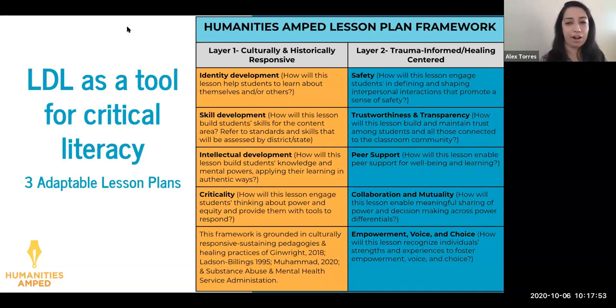So that's why our lesson plans and our curriculums focus on safety, trustworthiness and transparency, peer support, collaboration and mutuality, and empowerment, voice, and choice. Again, we don't think in terms of the sage on the stage, but more of a teacher who is there to help facilitate knowledge, and students already have knowledge, so how do we tap into that?